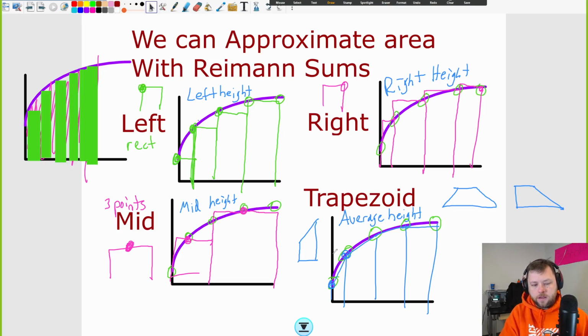All right? And I'll give you an example of what that's going to look like. But think average height, to me, that helps out.